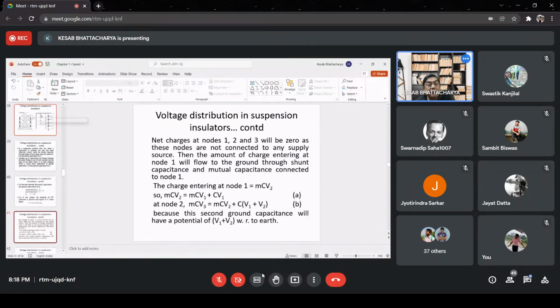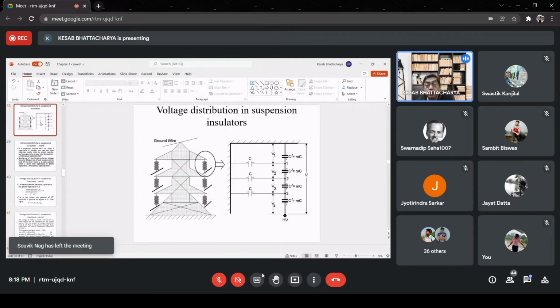Similarly, if we apply Kirchhoff's current law in terms of charges at node 2, what can we write? The amount of charge entering node 2 is MCV3.